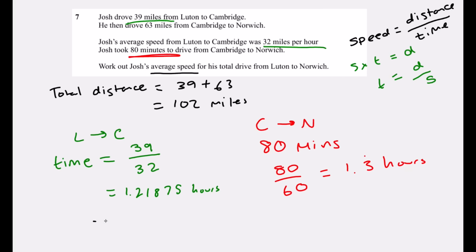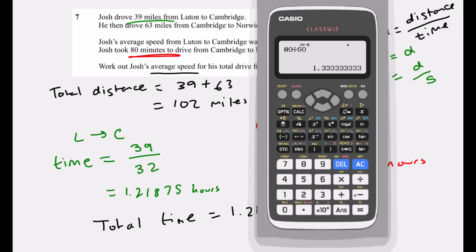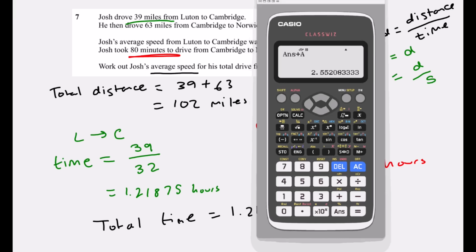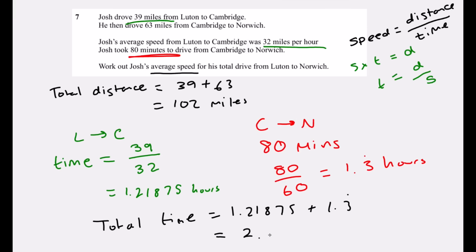So the total time is 1.21875 plus 1.3 recurring. I'm using the whole numbers, so it's this answer plus the one I just saved as A, and I get 2.552 and so on. So that's my total time.